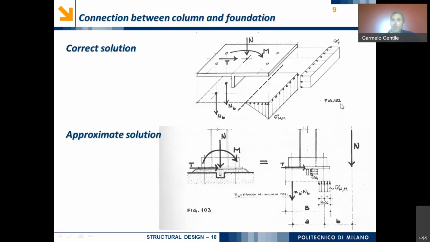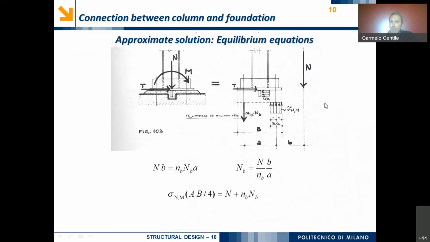So basically, we have to introduce also the ratio between the Young's modulus of the steel and the Young's modulus of the concrete. Okay, so first of all, let's try to solve this contact problem by adopting an approximate solution and by using only equilibrium equations.